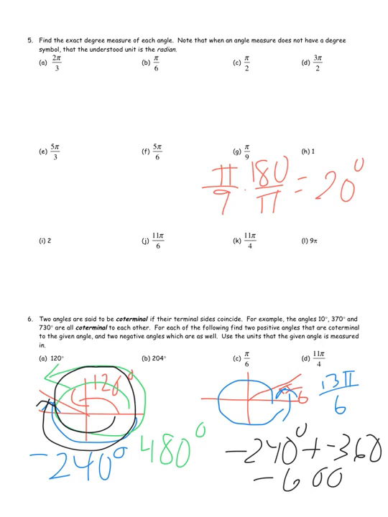In terms of a negative angle that it's coterminal to, we're thinking of pi over 6 minus 2 pi, or in other words, negative 11 pi over 6. And then you could add another negative 2 pi to that to get another negative angle it's coterminal to. Again, there's infinite positive and negative angles that any given angle is coterminal to. But my point with part C is don't change it to degrees, find the coterminal, and then change back to radians.